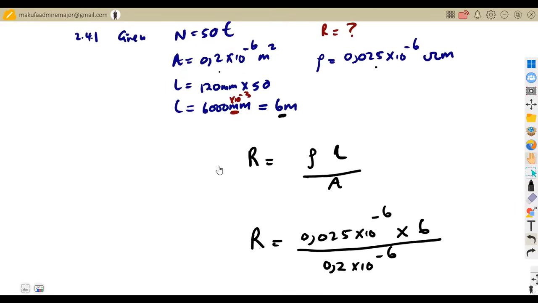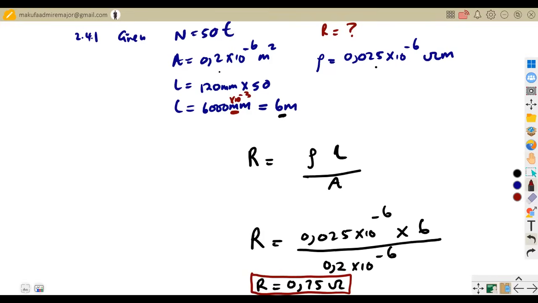We are supposed to have this in square meters. If you simplify, you obtain your resistance as 0.75 ohms. So that was our question, to calculate the resistance of the given material.